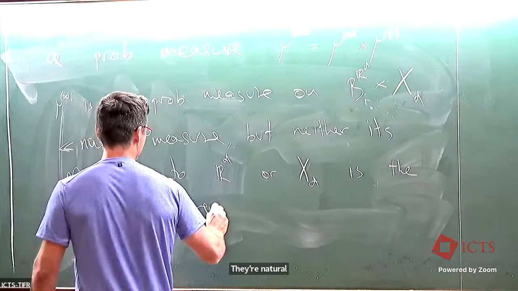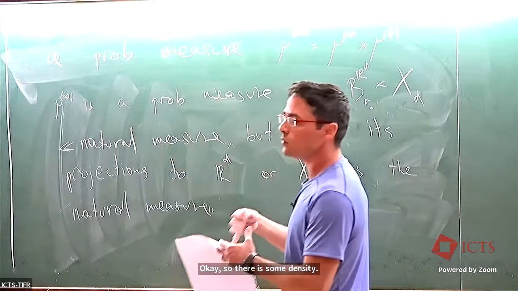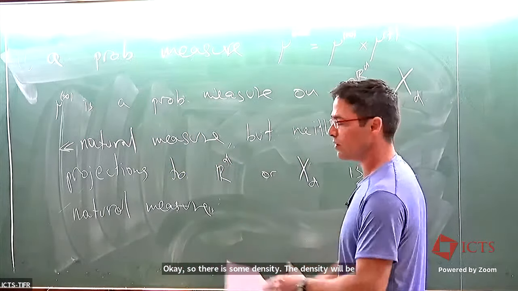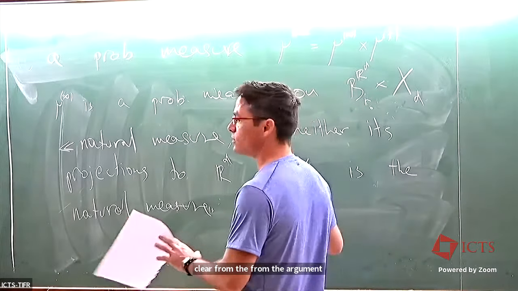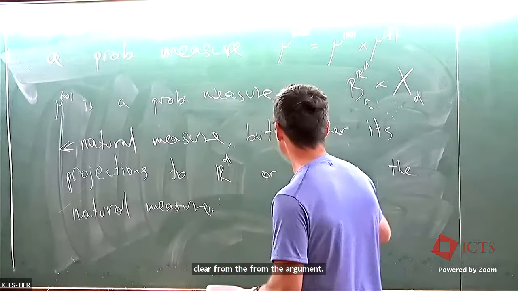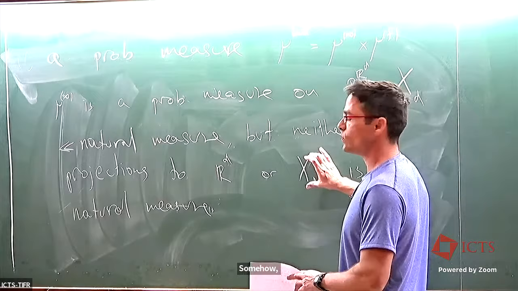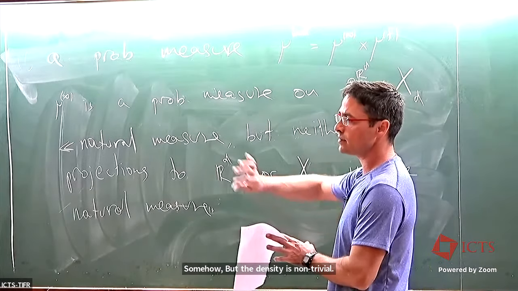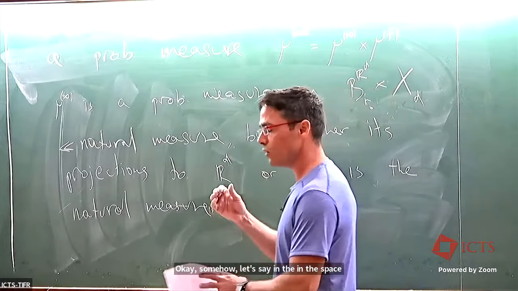Okay, so there is some density. The density will be clear from the argument somehow, but the density is non-trivial. Somehow, let's say in the space X_d, the mass that the cusp gets is smaller than usual, if I'm not mistaken.